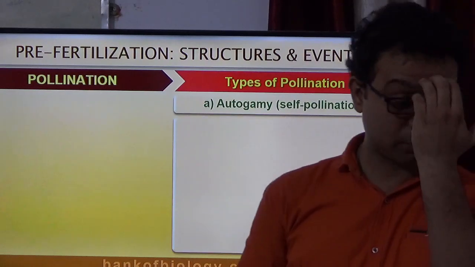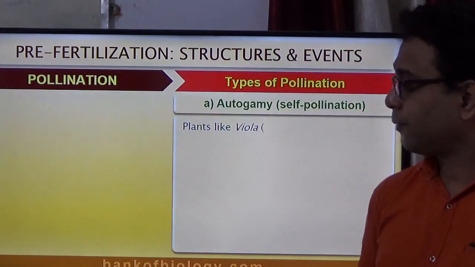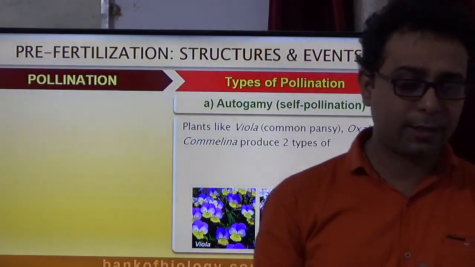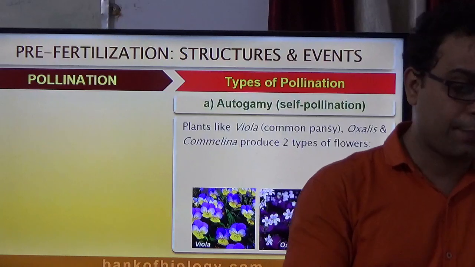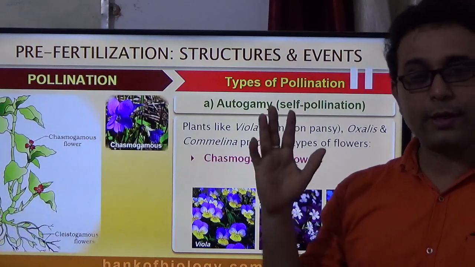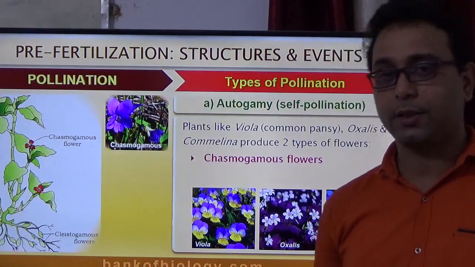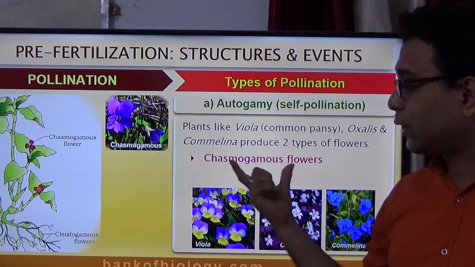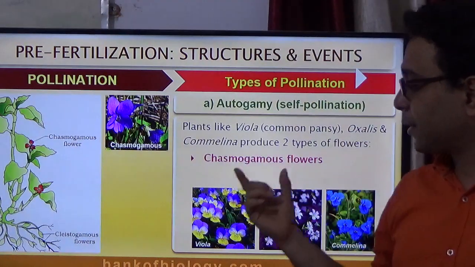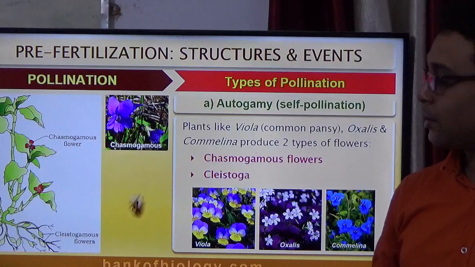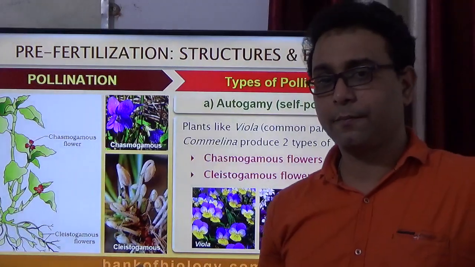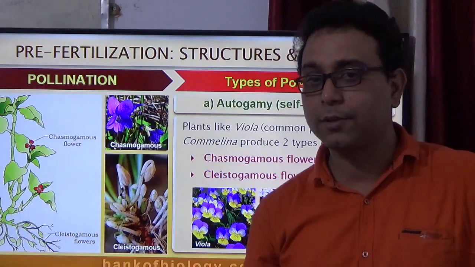Now we discuss another thing: plants like Viola, which is commonly called pansy, Oxalis and Commelina produce two types of flowers. So we discuss three important species which produce two types of flowers. Very important, these are called chasmogamous flowers and cleistogamous flowers. But what is the difference between chasmogamous and cleistogamous flowers?